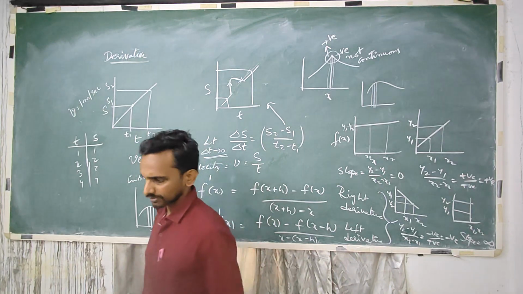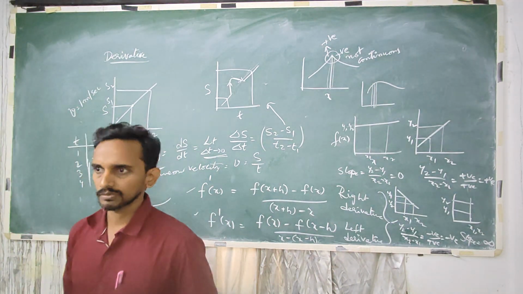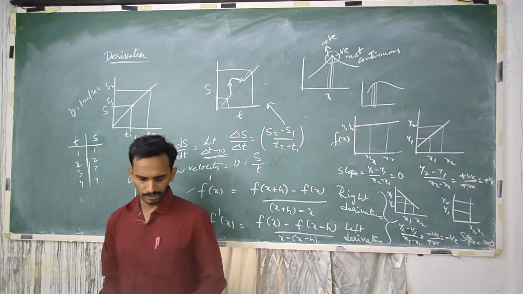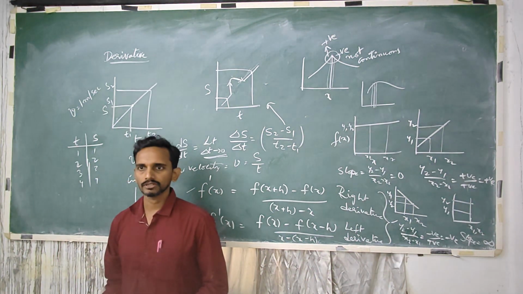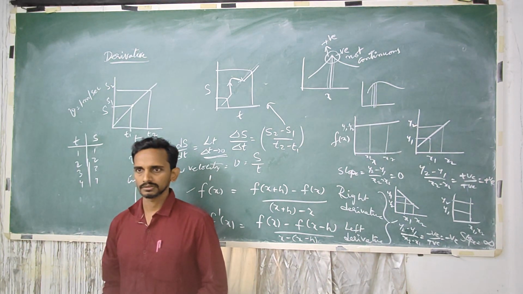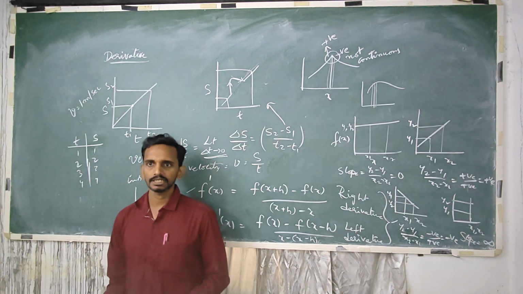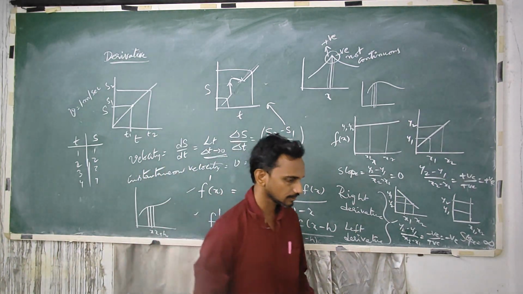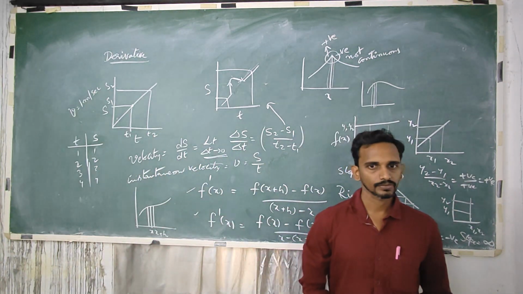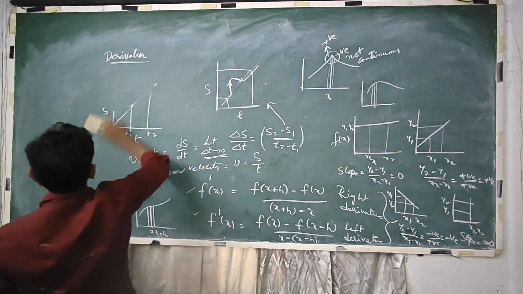First derivative, second derivative. Maxima or minima is obtained by making the first derivative equal to 0. And sign of the second derivative decides whether it is maxima or minima. So it's a small example related to maxima and minima.